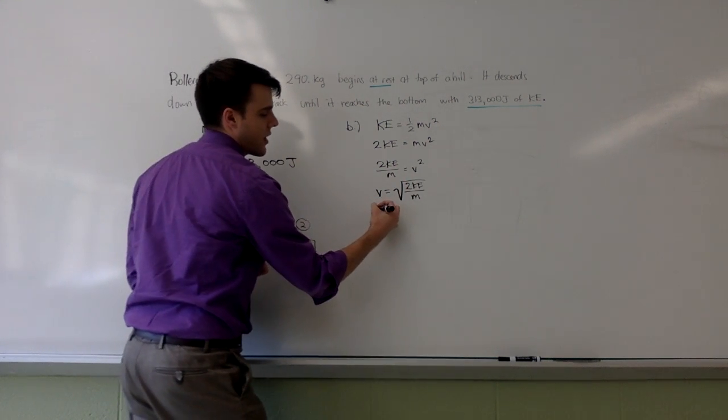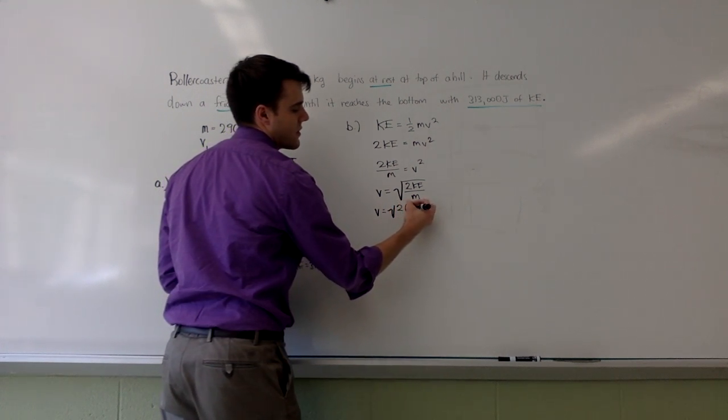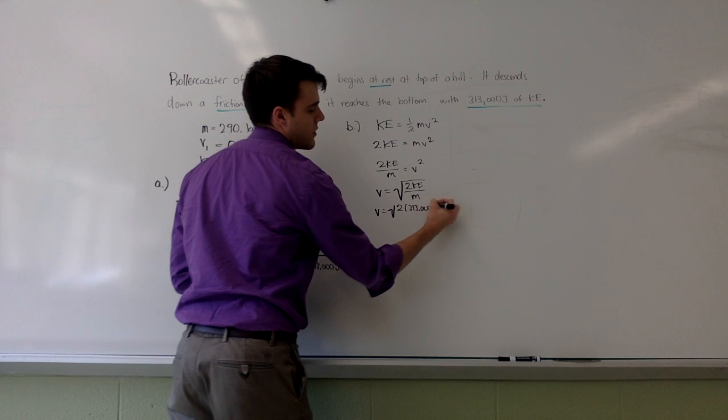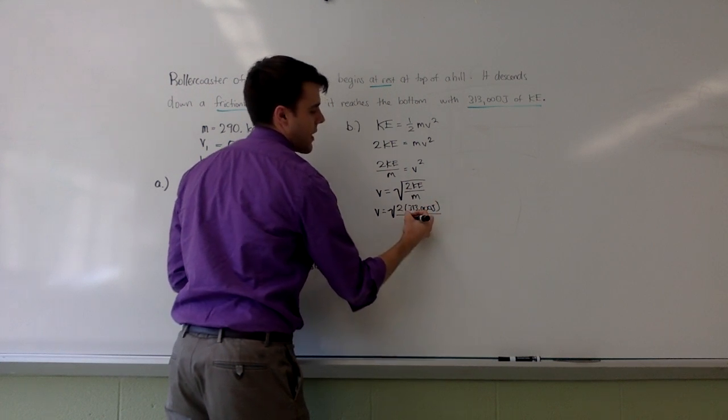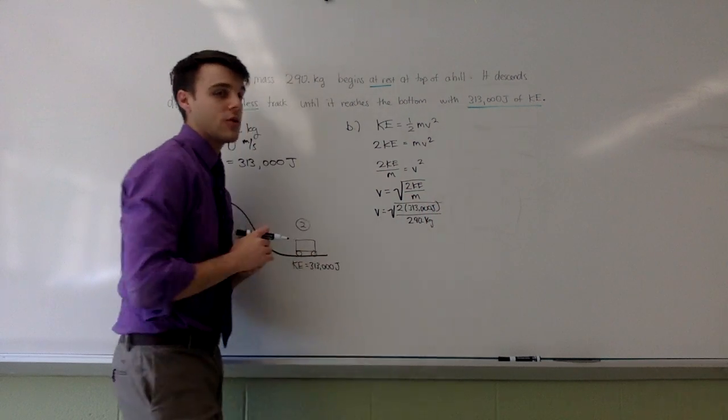So now we can just plug in our numbers. So I have velocity equals the square root of 2 times 313,000 divided by my mass of 290 kilograms. And this will get you your velocity.